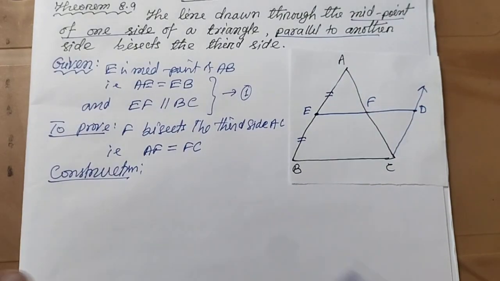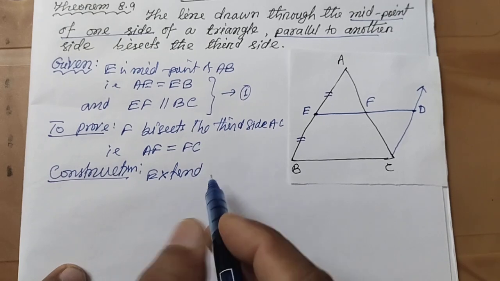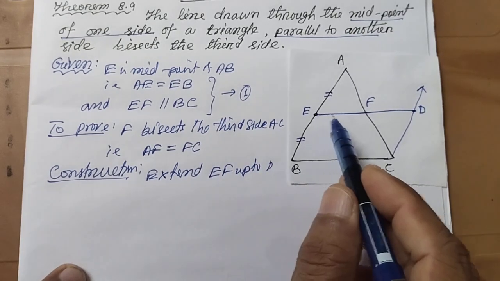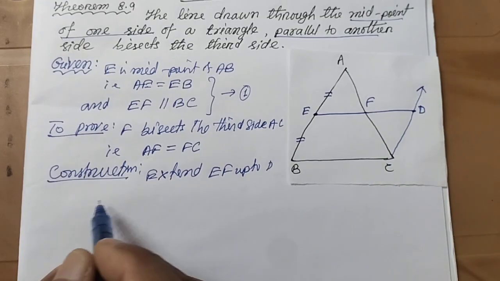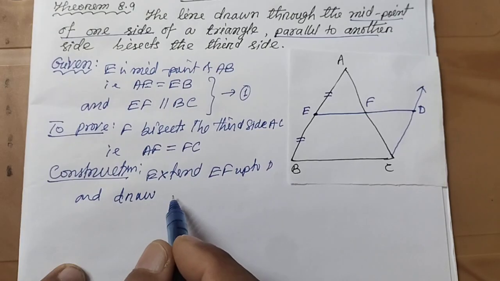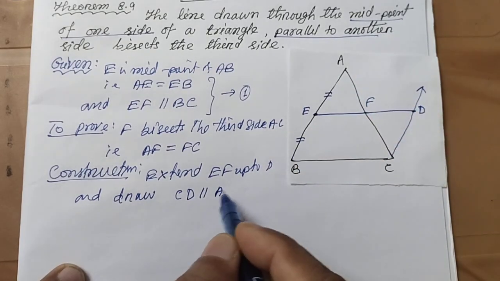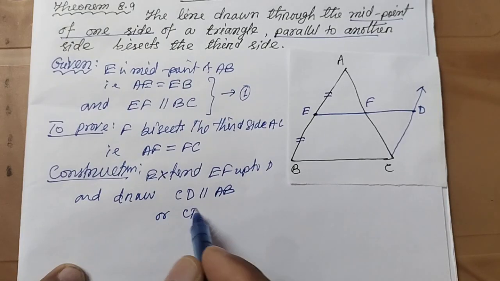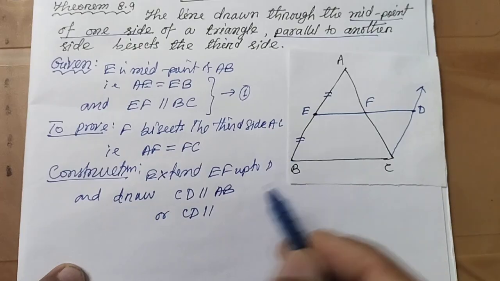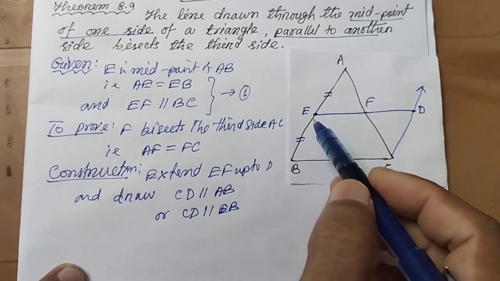So we extended EF up to D, and we have drawn CD parallel to AB, or we can say CD parallel to BE. AB and EB are the same line, so if CD is parallel to AB, then CD is parallel to EB also.